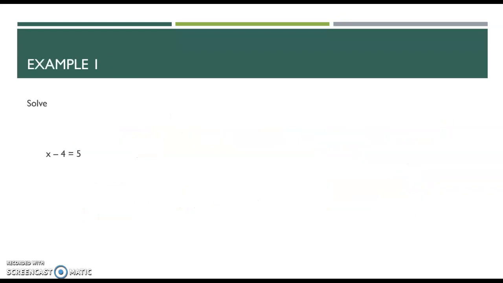So these are just one-step equations. Like, here's our first one. My goal with adding and subtracting is to make 0.